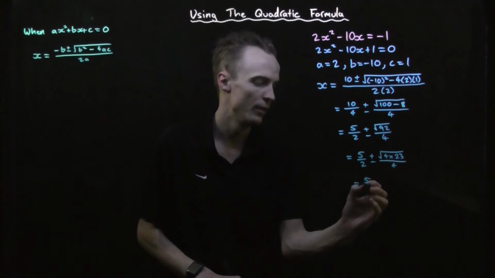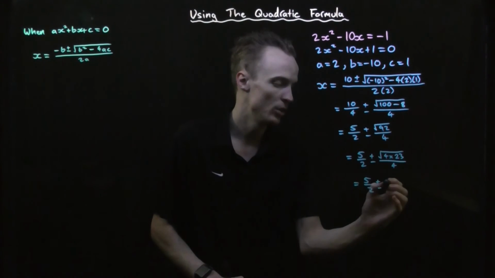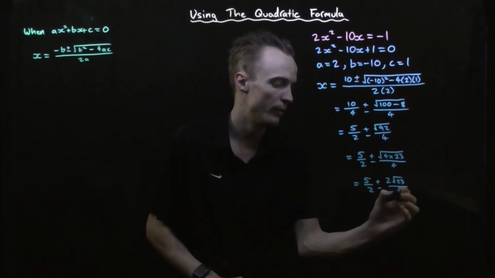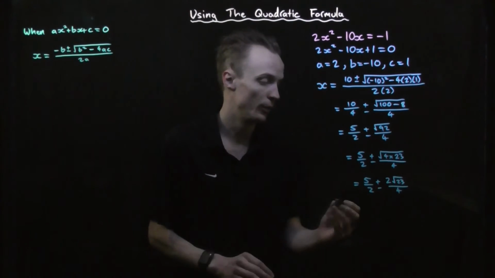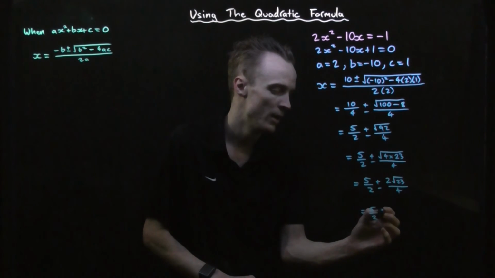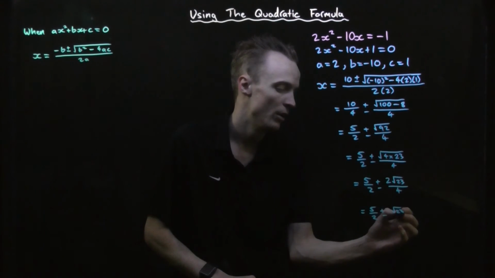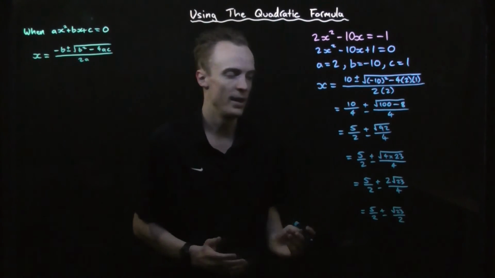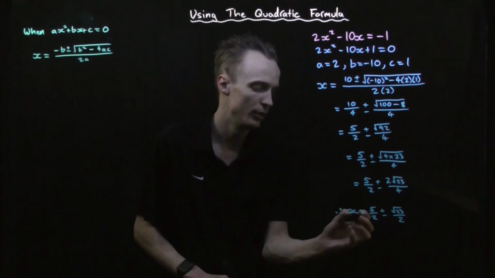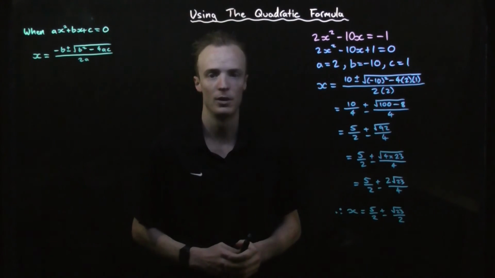So this is equal to 5 on 2 plus or minus the square root of 4 is 2, so 2 root 23 divided by 4. Now 2 on 4 cancels further down, so this is equal to 5 over 2 plus or minus 1 root 23, or just root 23 on 2. And from here, it's now in simplest form. So therefore, our x value has two solutions of 5 on 2 plus or minus root 23 on 2.